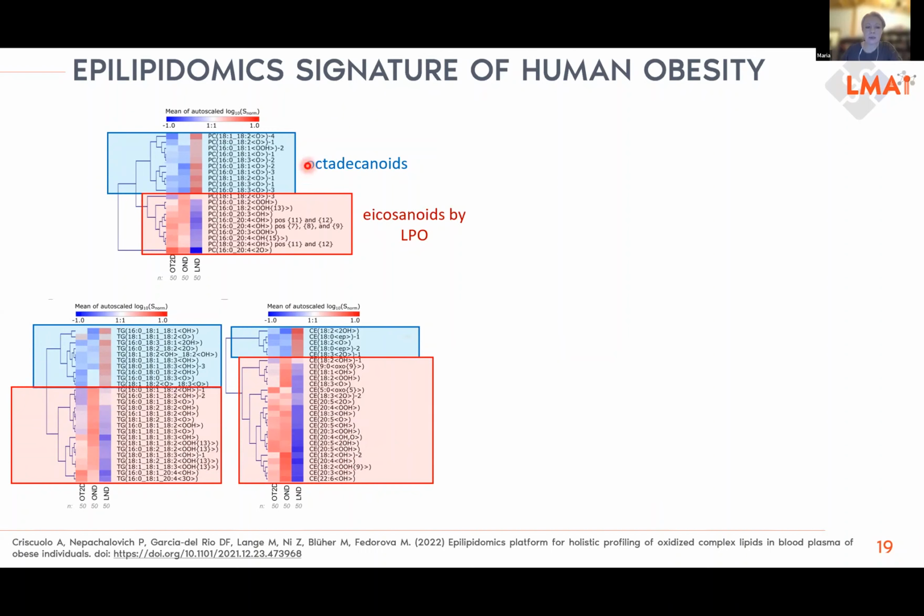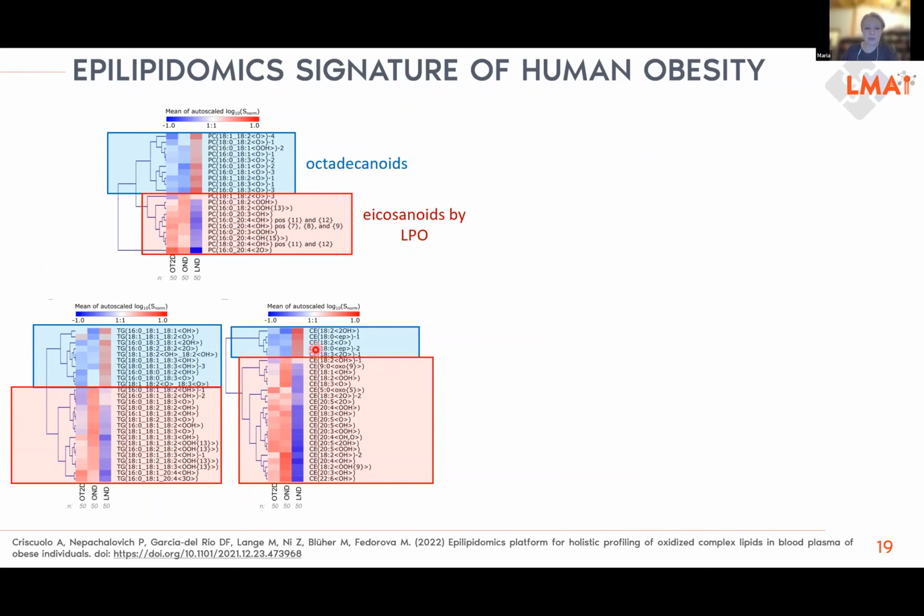So then in all those different classes of lipids, so phosphatidylcholines, triacylglycerols, and cholesterol esters, this, let's say, physiological pattern, if we can call it, characterized by the presence of modified octadecanoids, is completely scrambled with the development of obesity. So that stands for the formation of lipid peroxidation products, and mostly from the longer acyl chains.